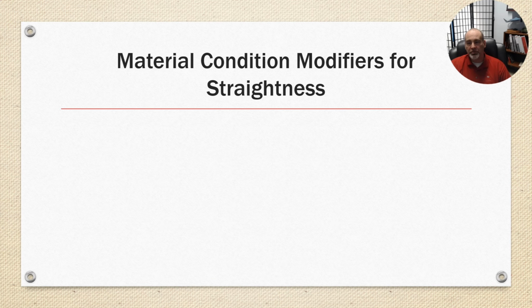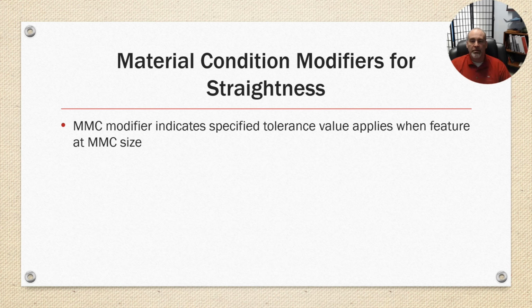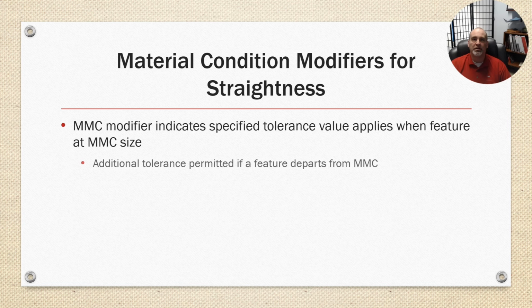Okay, maximum material condition modifiers for straightness. An MMC modifier indicates the specified tolerance value applies when the feature is at maximum material condition size, so the biggest of the tolerance. Additional tolerance is permitted if the feature departs from MMC.